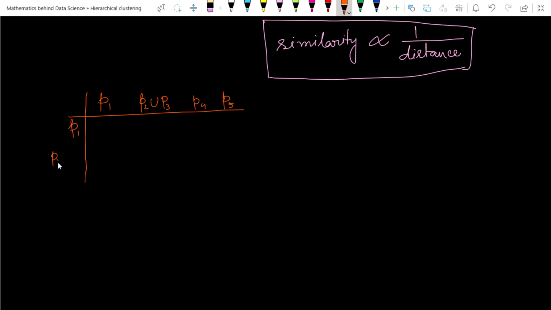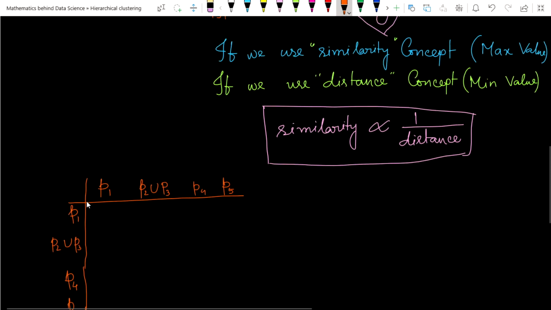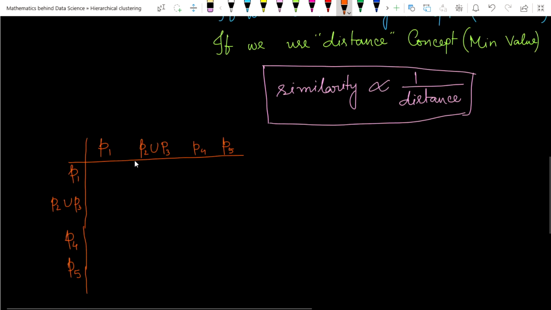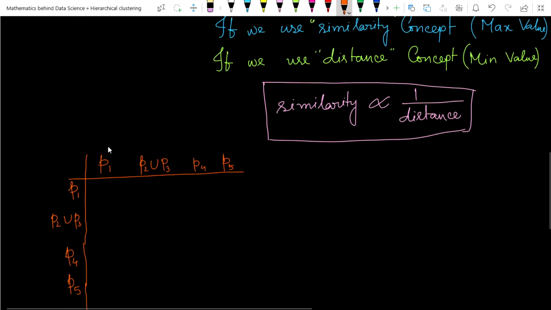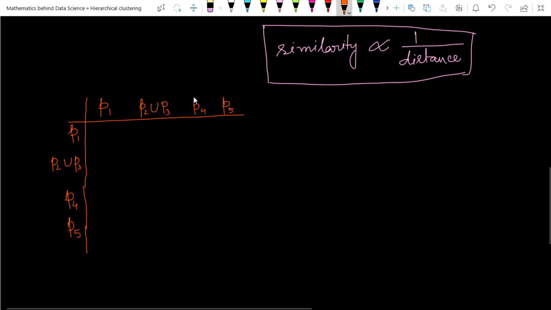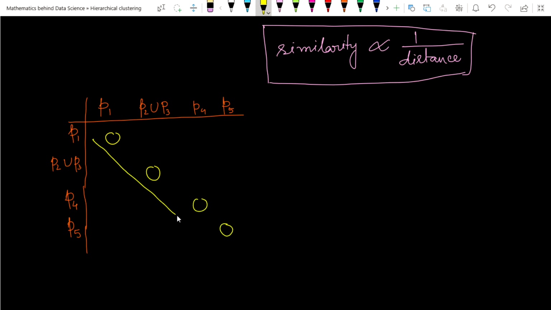Now we have 4 columns and 4 rows, and we treat P2 and P3 as a single element. Similarly, the diagonal elements will be 0.